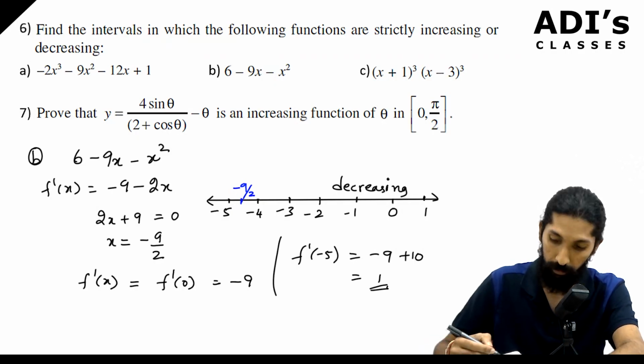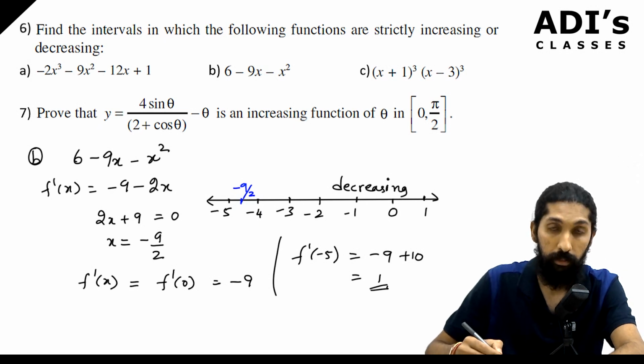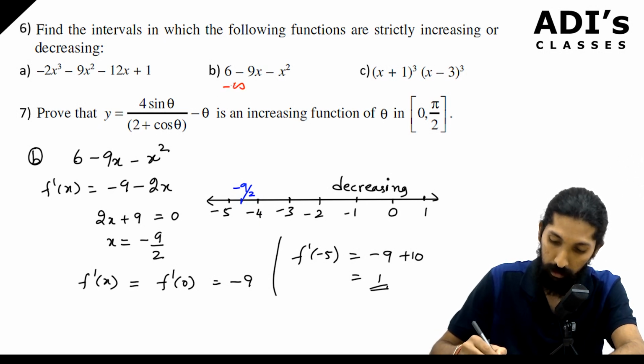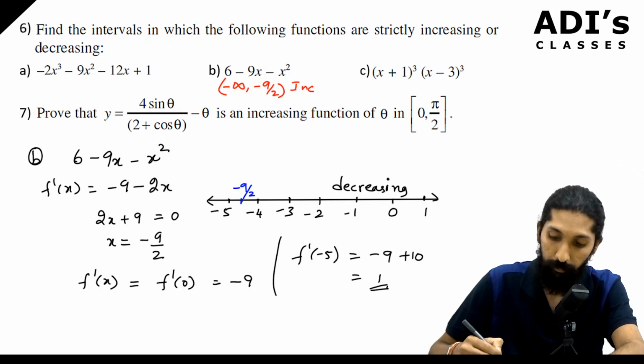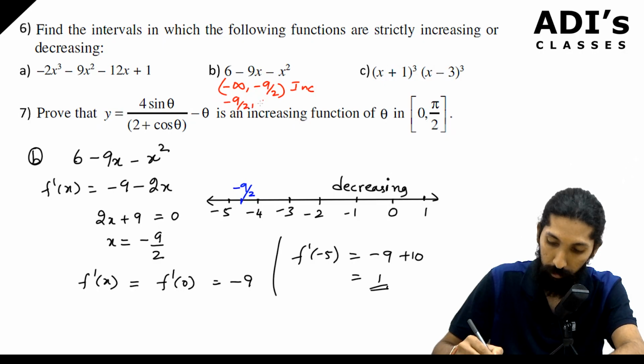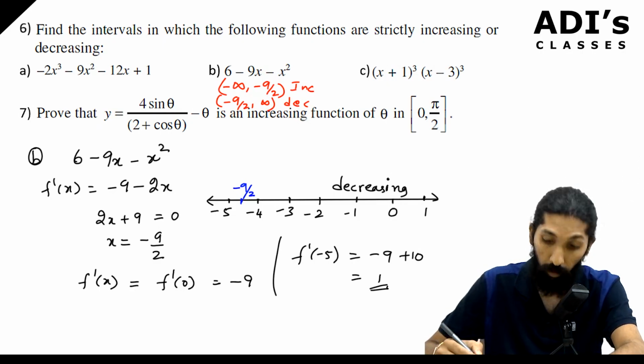So for the second part, the increasing part is going to be minus infinity to minus 9 by 2. And for the decreasing, it's minus 9 by 2 to plus infinity. So we got the answer for the second one.